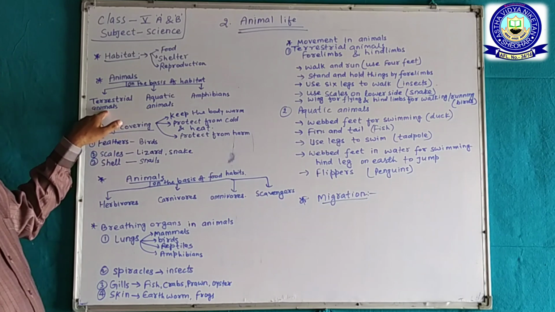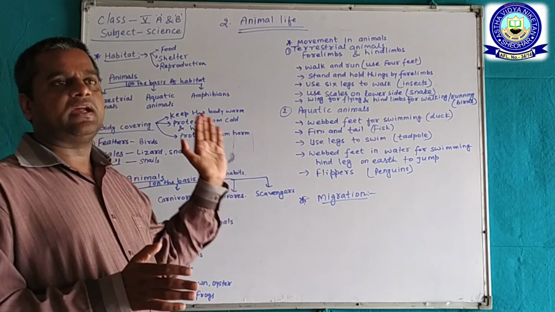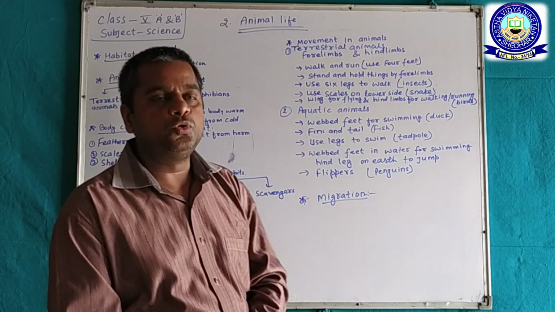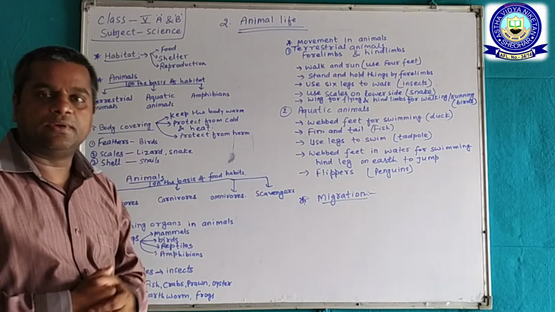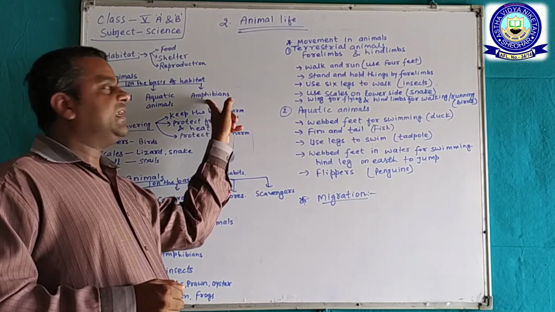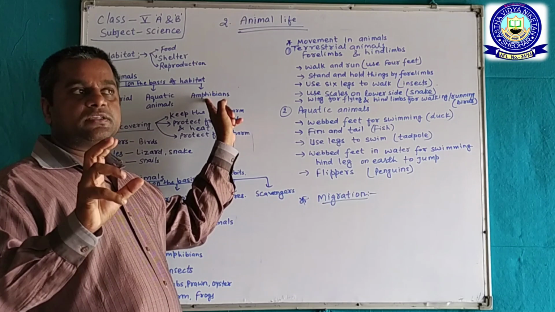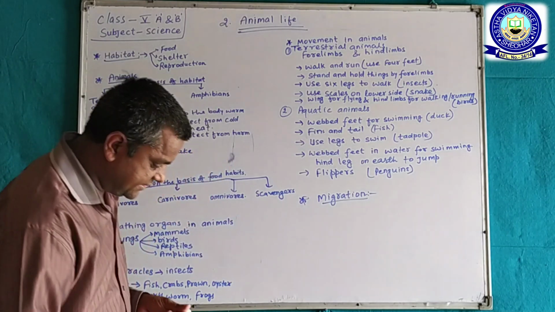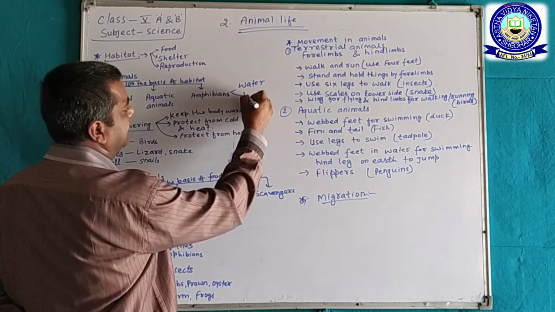Those animals which live on the land are called terrestrial animals, and those animals which live in water are called aquatic animals. And the third one is amphibians. Amphi means dual character. Those animals which have dual character, means one is water and one is land.